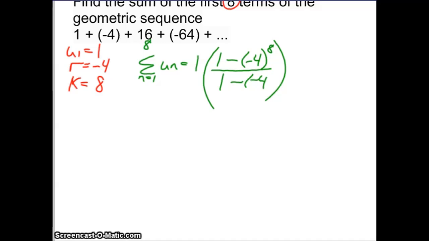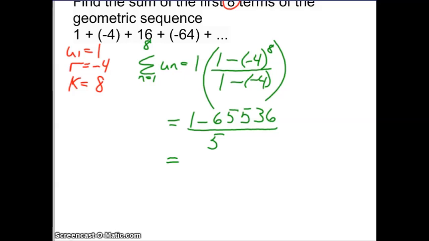All right, so negative 4 to the power of 8, got to get my calculator, is 65,536. On the bottom, I've got 1 plus 4 is 5.